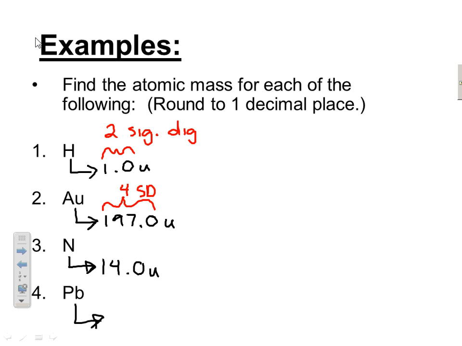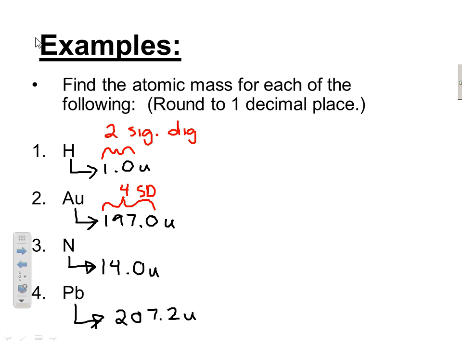Yeah, Conrad? 207.2 atomic mass units, and 207.2. Mine actually stops right there. Does yours have more detail, or what do you got? Notice the digit after the 9 is a 6.